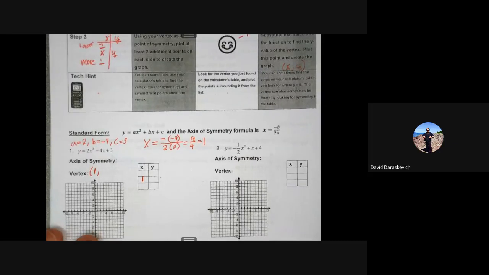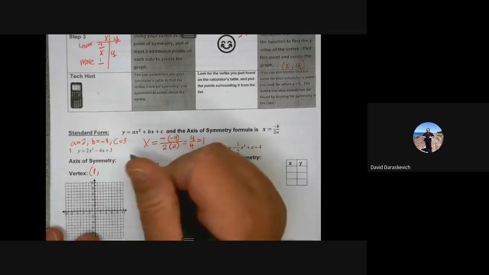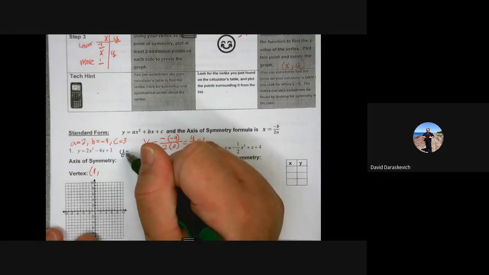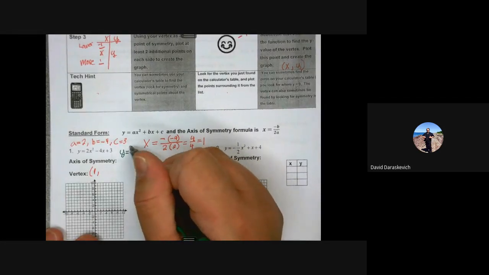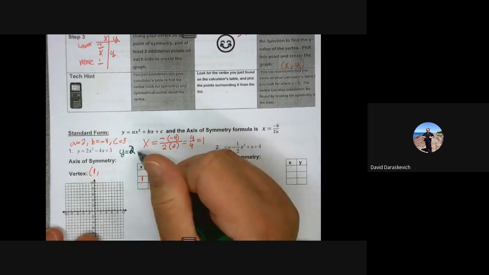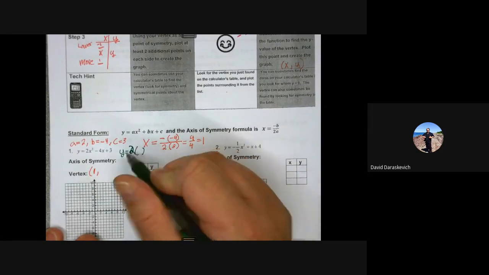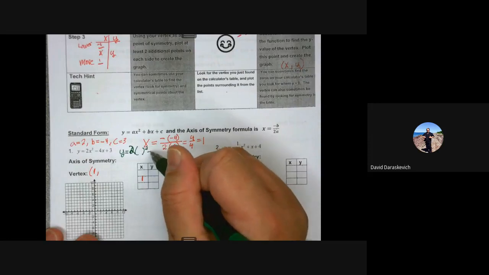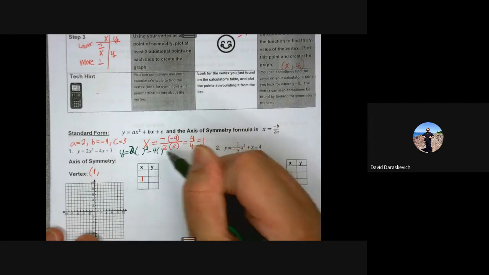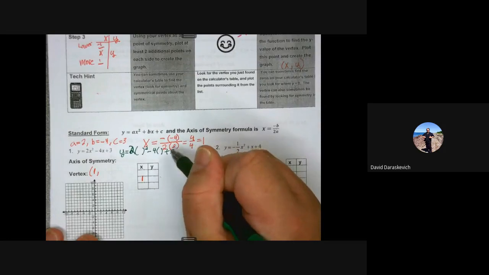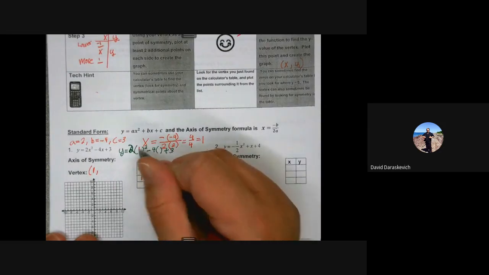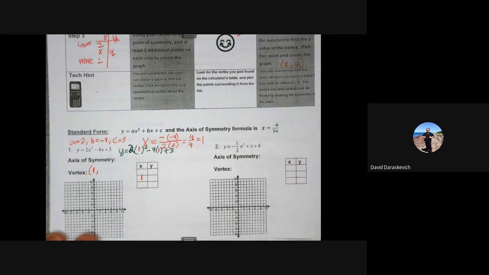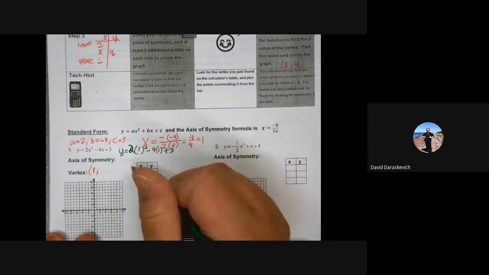So I take my equation. Wherever I see an x, I always put parentheses for my x's. 2 times x squared minus 4 times x plus 3. And my x is 1, so I'm going to put my x in there.